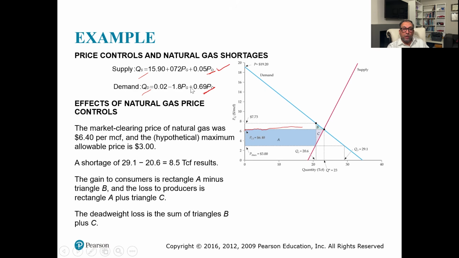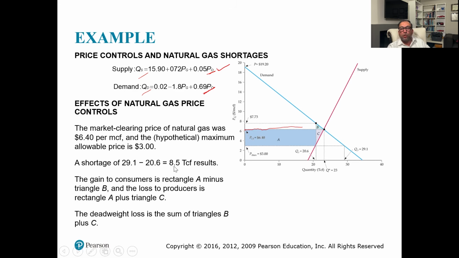When we equate these two, we get the market clearing price as 6.4. But if we plug $3 into quantity supplied, and again $3 into quantity demanded, with the oil price given and the same in both, we find that at the $3 price the demand is 29.1 MCF and supply is 20.6.